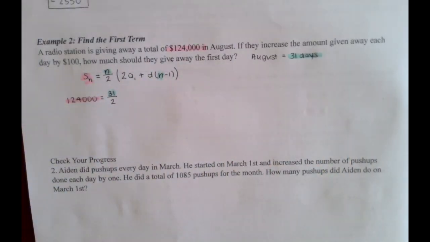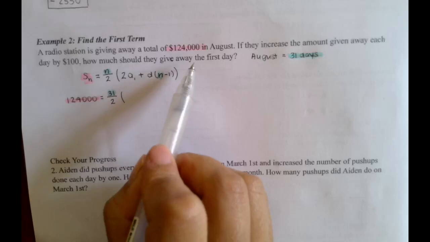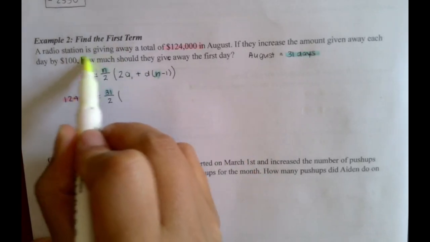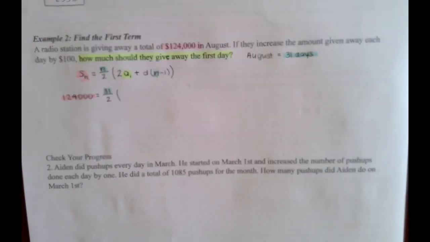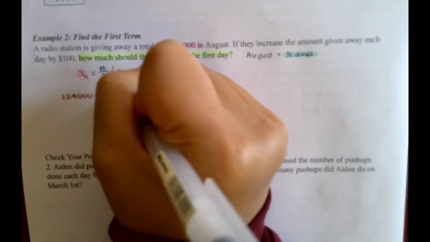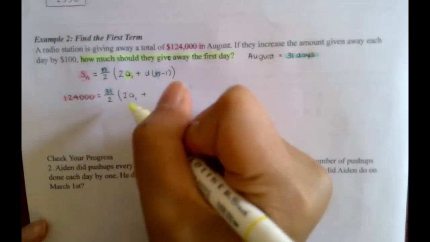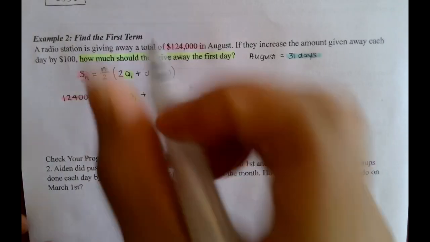Okay, 2 times my first term. So I don't know what that is, right? That's what I'm finding, right? How much should they give away the first day? That's what I'm looking for. So I don't know what that is, so I'm just going to leave that as my variable. So 2a sub 1. However, I know that they're increasing by $100 each day, so that's the common difference from day to day.